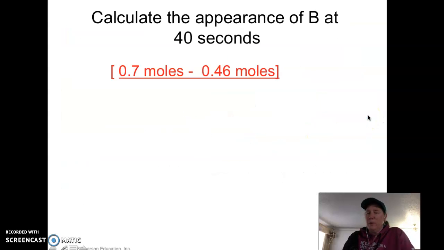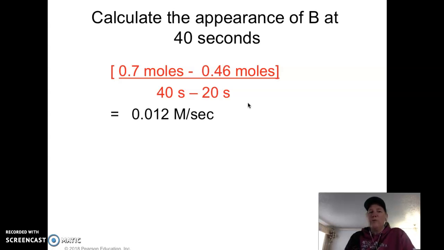So I take my 0.7 where I'm at 40, and then I subtract where I was at 20. And again, my time is going to be 20 because this was at 40 seconds, this was at 20 seconds. So now I'm doing appearance, so it's going to be a positive number. The rate at which I'm increasing is 0.012 molar per second.